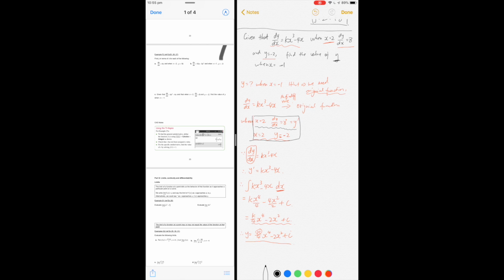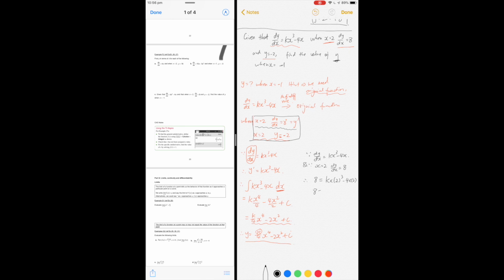So when x is equal to 2, because dy by dx is equal to kx cubed minus 4x, and dy by dx is equal to 8, so 8 equals k times 2 to the power of 3 minus 4 times 2.